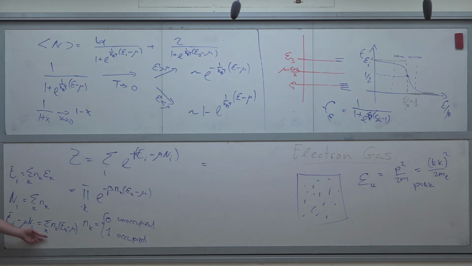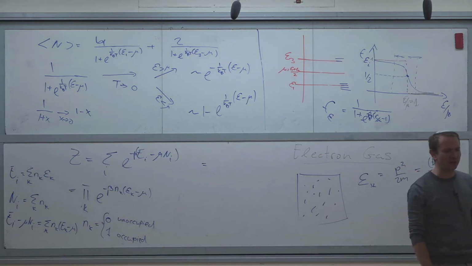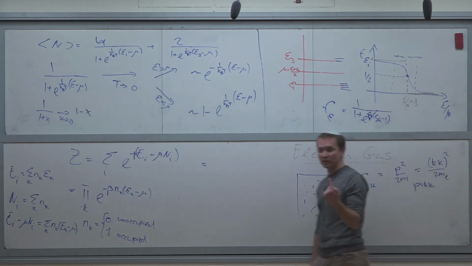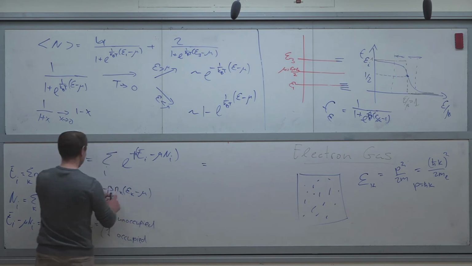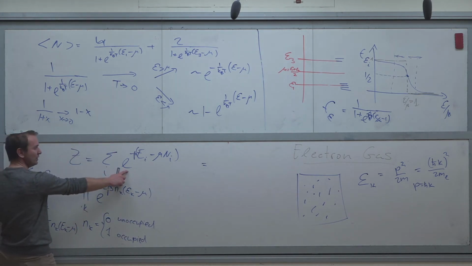But all the different n_k's are independent of each other. It doesn't matter if state 3 is occupied; it does not contribute to the occupation or unoccupation of state number 4 or 5. They're independent of each other. This is why I can go from this line to that line.